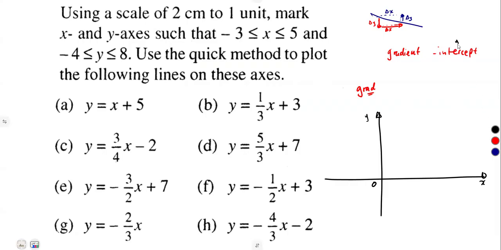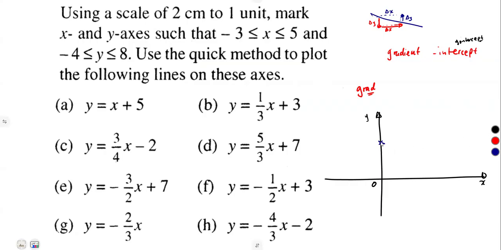The y-intercept is simply going to be our reference point. Let's say your y-intercept is positive 3. You mark that point.